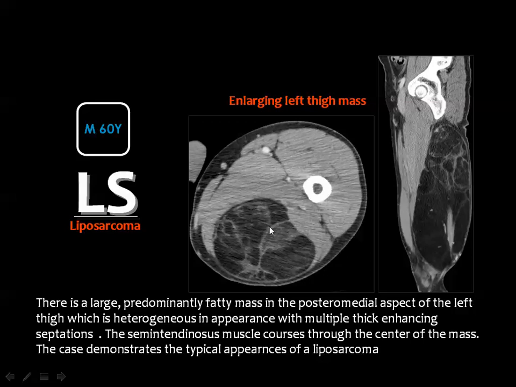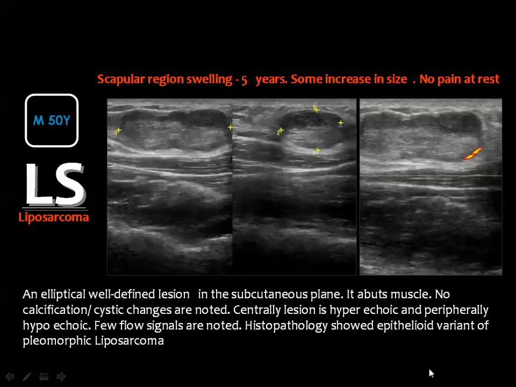And this is the liposarcoma in the back of the thigh. There is a fatty mass with internal septations and a good amount of soft tissues within the lesion. And you should remember that simple lipoma does not contain vascularity. Simple lipoma is usually echogenic.